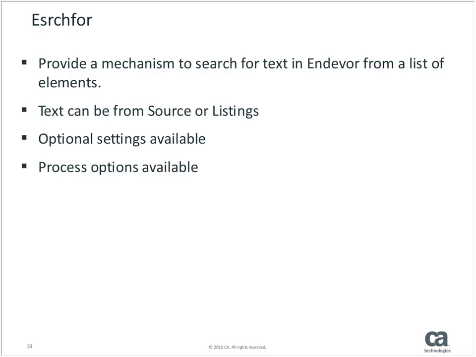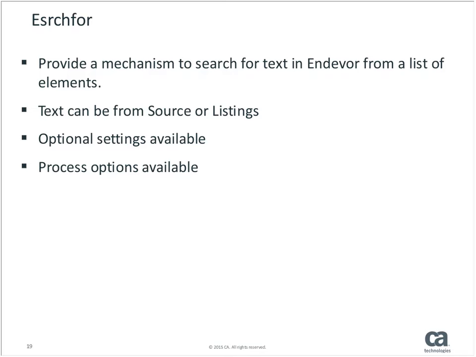Now, we've had instances at CA here where developers want to be able to search for their text string inside listings or inside source. We decided that within our implementation, we would use compressed listing libraries because it takes up a lot of DASD.